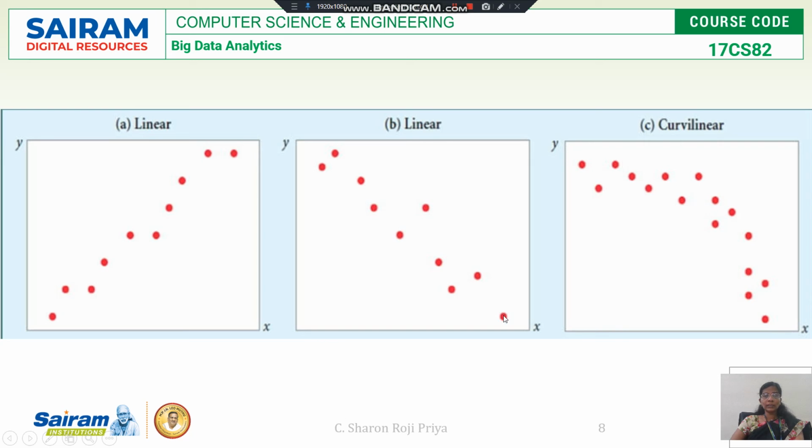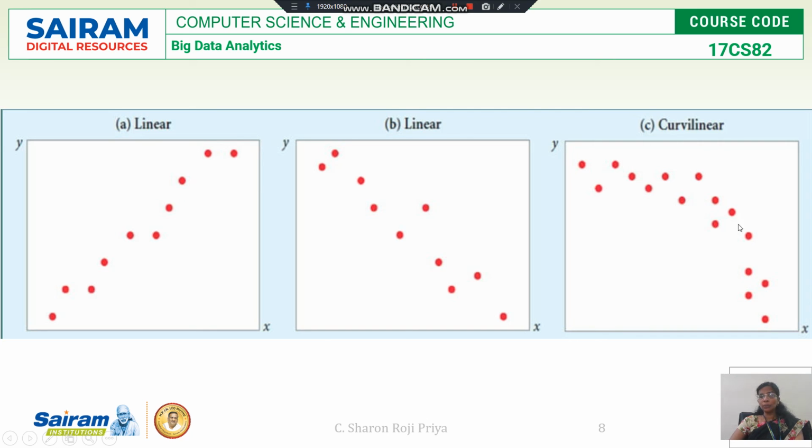Next, as x increases, y decreases, so it is an inverse relationship. If you see the best fitting curve, it is a straight line, so it is known as linear, but it is an inverse relationship. Next you see this, as x increases, y decreases, so it is inverse.